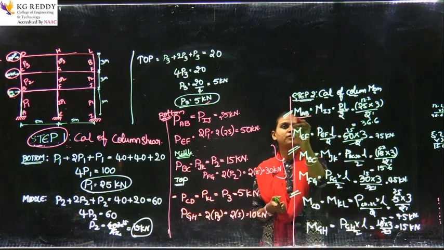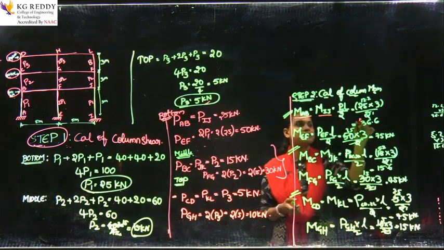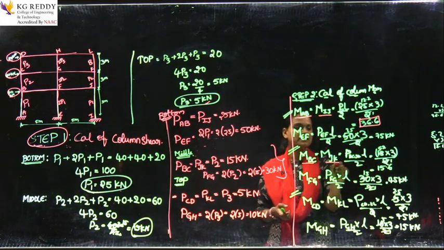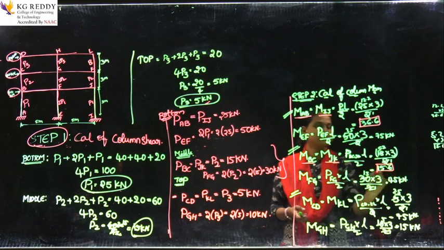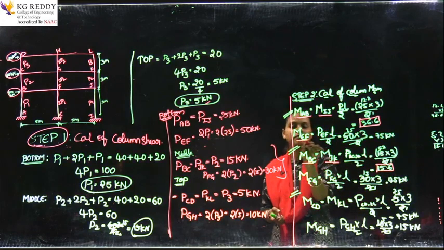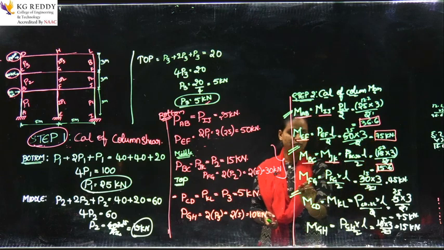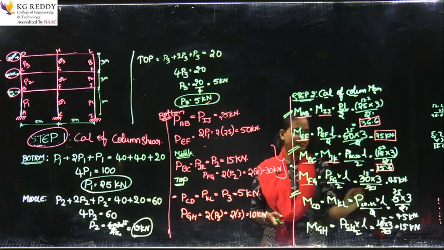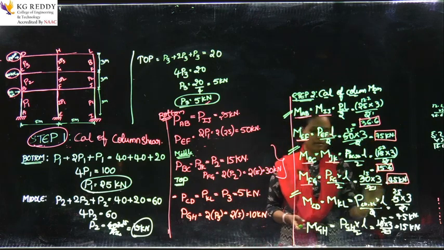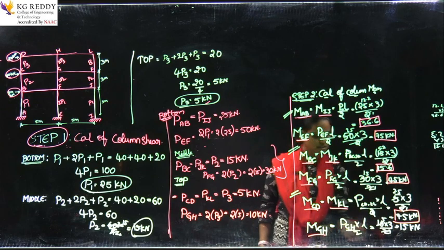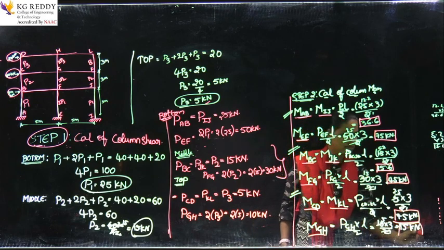Moments about AB and IJ is 36.6, and moments about BC and JK is 15.6. For the upper, you have moments about EF as 75 kilonewtons. Next, for moments about FG, you have 45 kilonewtons, moments about CD and KL as 7.5 kilonewtons, and moments about GH you have 15 kilonewtons.